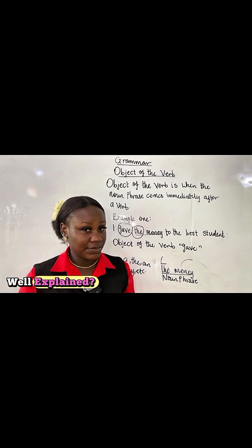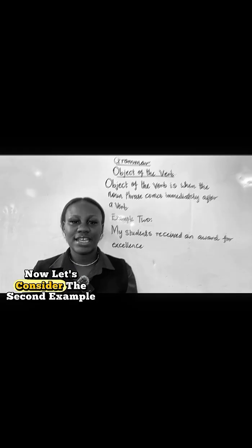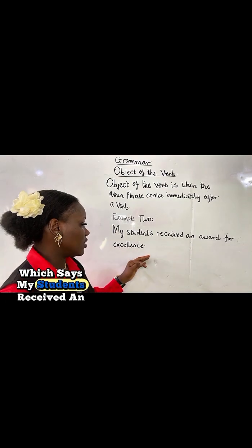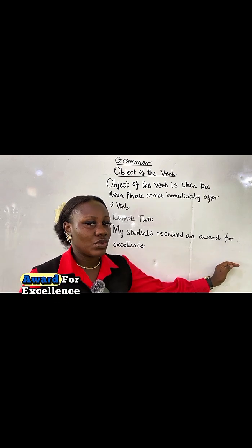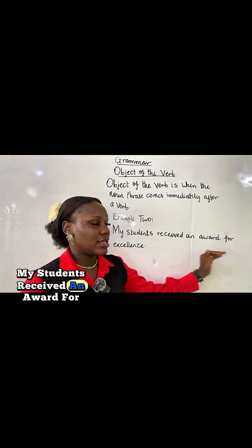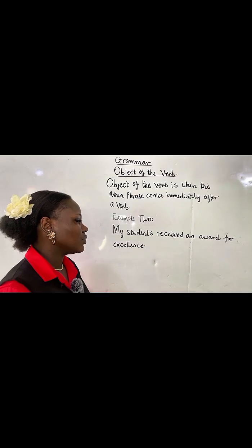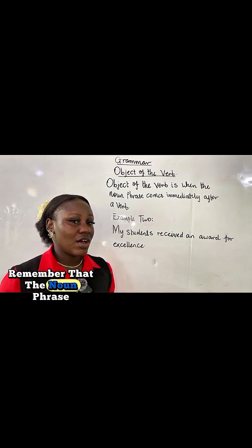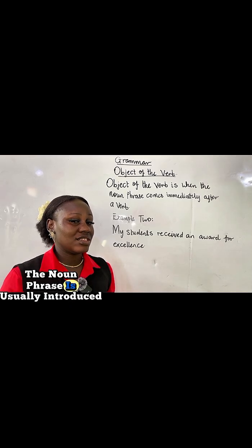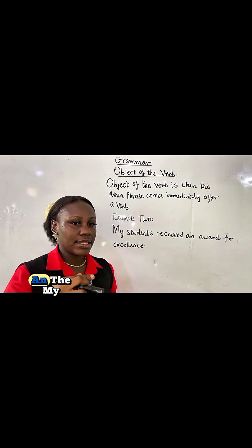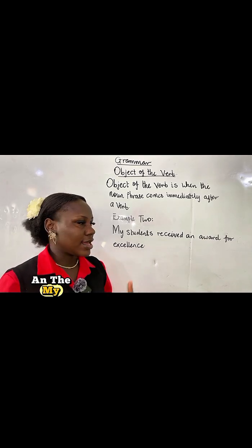Well explained. Now let's consider the second example on the board, which says, my students received an award for excellence. What is our noun phrase there? Remember that the noun phrase is usually introduced with determiners like a, an, the, my.